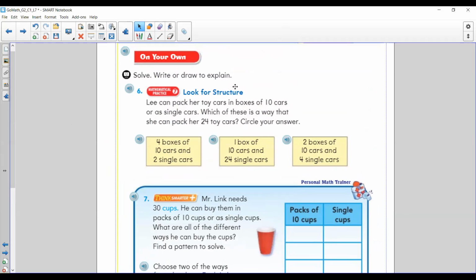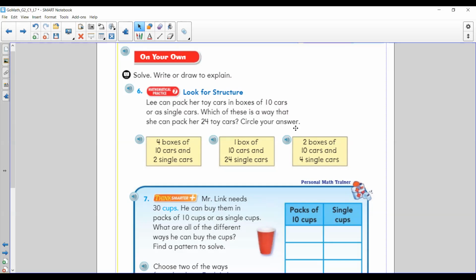So solve. Write or draw to explain. Look for structure. And structure can be sort of like a pattern. Lee can pack her toy cars in boxes of 10 cars or as single cars. Which of these is a way that she can pack her 24 toy cars?